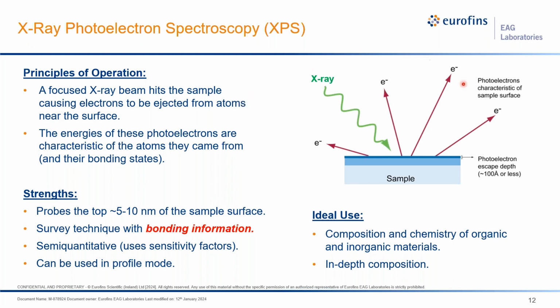The energies of these electrons are characteristic of the elements they came from. So XPS can be very good at determining not only the composition, but also the chemical bonding environment of organic and inorganic materials. If it is combined with sputtering steps, energetic ion sputtering, we can give a depth profile for an in-depth composition of a thin film.